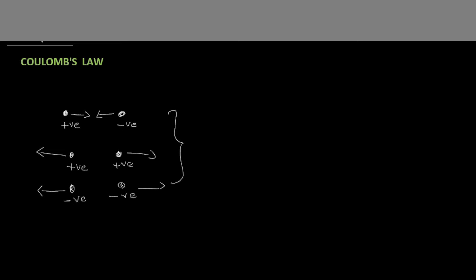So what Coulomb's law does is, it gives us the magnitude of the force acting between two charges. When we discuss Coulomb's law, we have some assumptions, based on which we are predicting the force between two charges. The first thing is that the charges should be point charges, and the distance of separation between them should be very short.